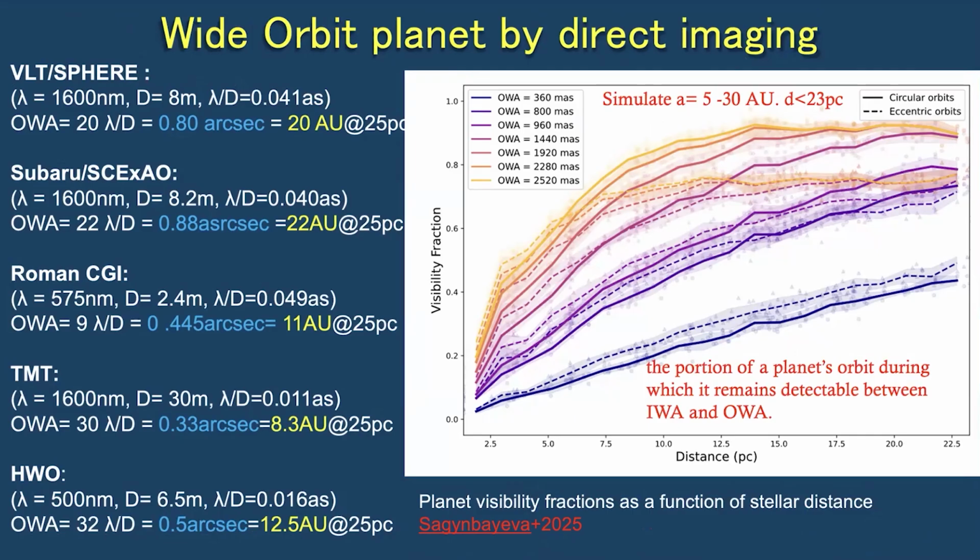The bottom curve indicates the case of the outer working angle of 300 mas, and the second one is for the case of 800 mas. So HWO is somewhere between these two curves, and probably they can detect objects down to Neptune for 50% of the objects in the systems closer than 23 parsec, up to 30 AU.